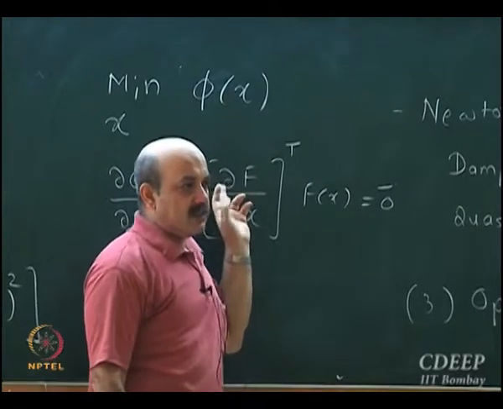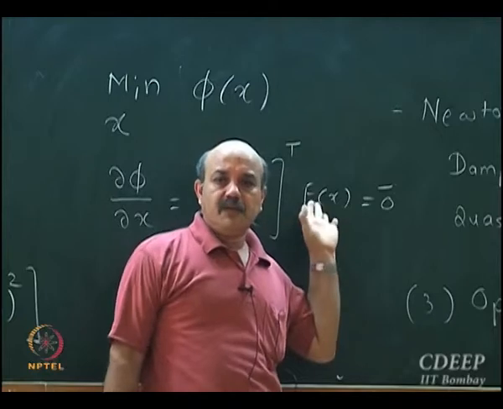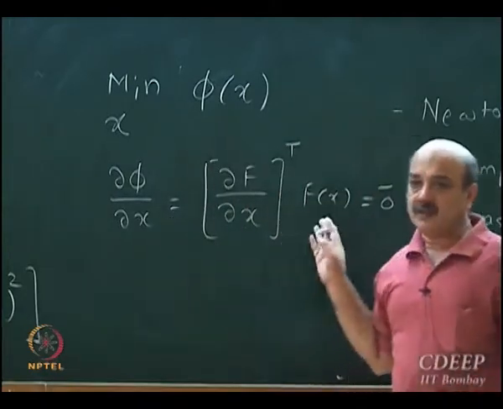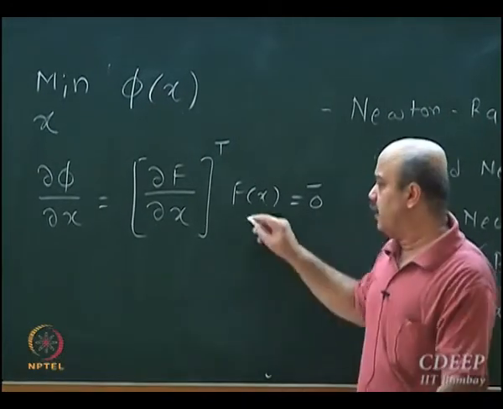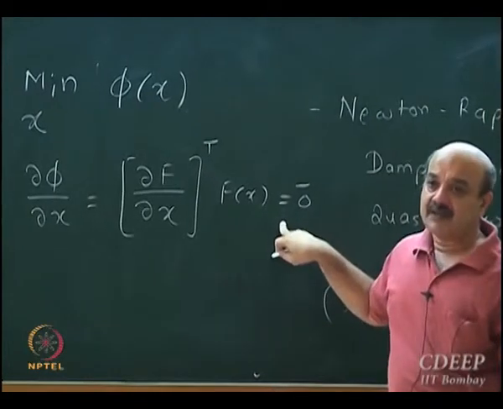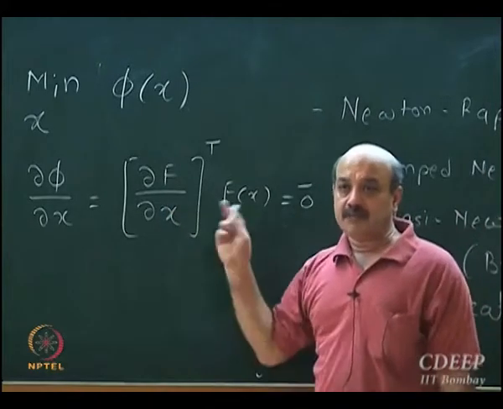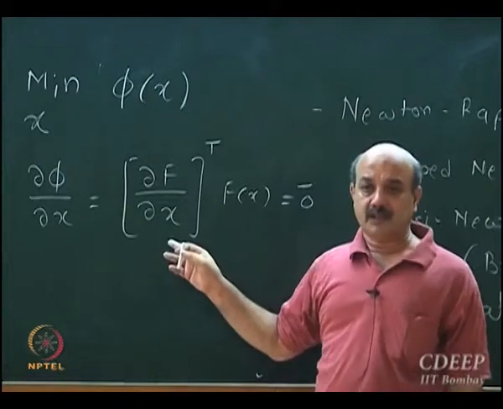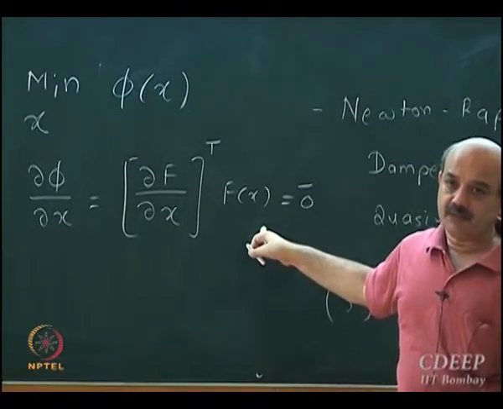So when you reach a stationary point where the Jacobian is non-singular, then you have reached the optimum, and you reach the solution of f of x equal to 0.